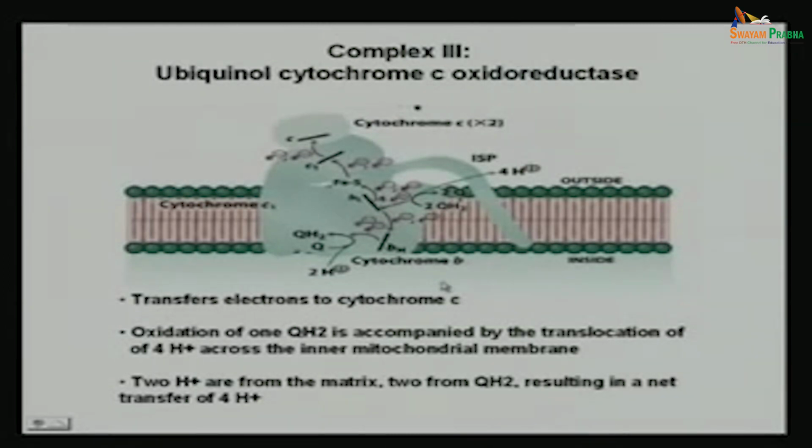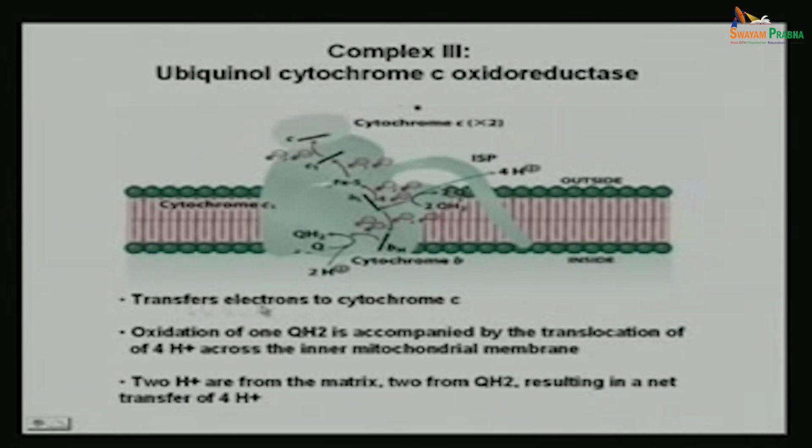In complex 3, the ubiquinol-cytochrome C oxidoreductase enzyme plays a significant role, and it transfers electrons from ubiquinol to cytochrome C. When it transfers these electrons, they go via different enzyme cofactors like cytochrome B, the iron-sulfur protein, cytochrome C1, and ultimately reach cytochrome C.